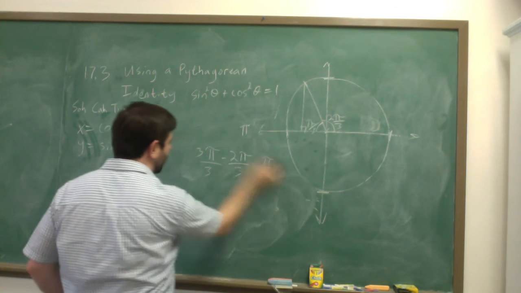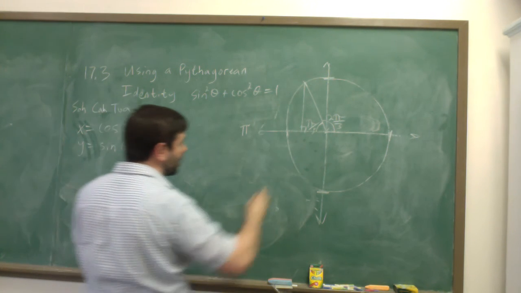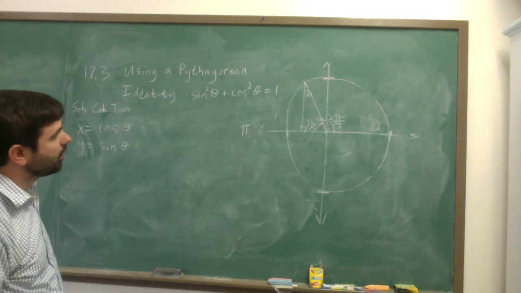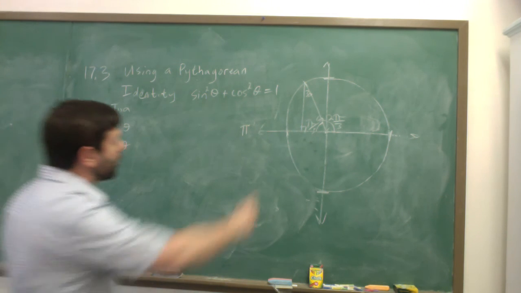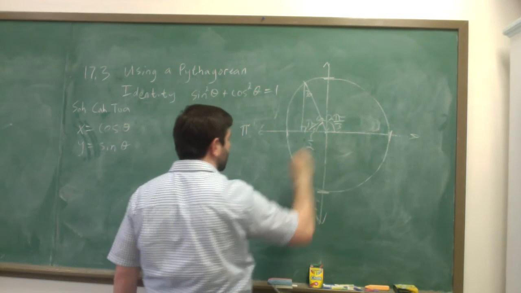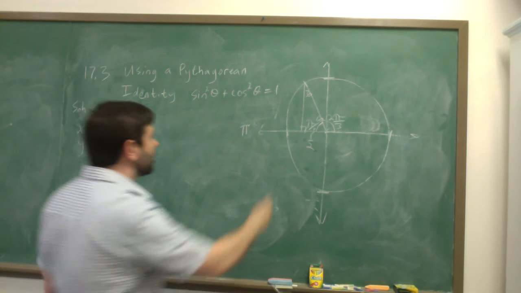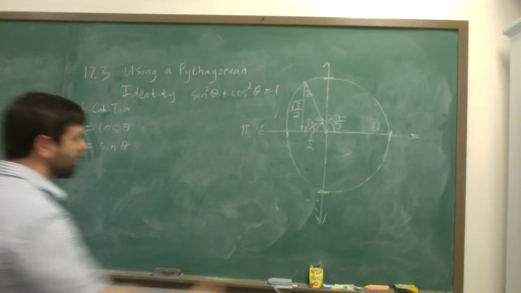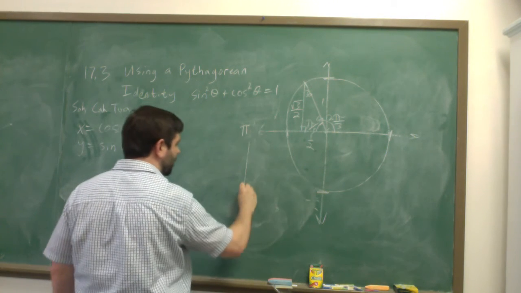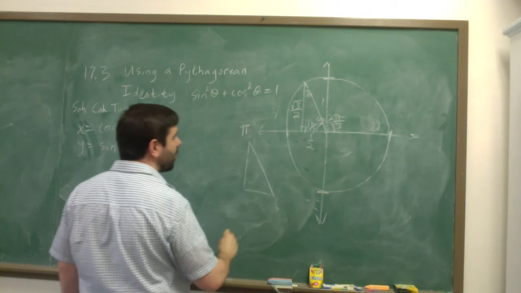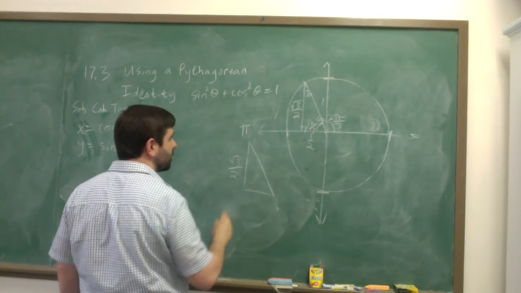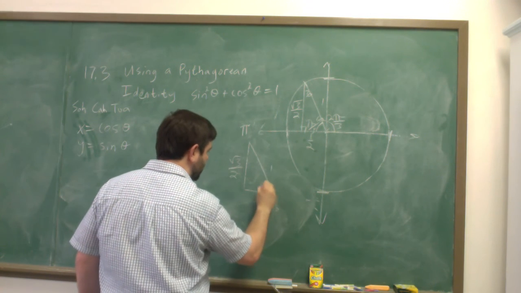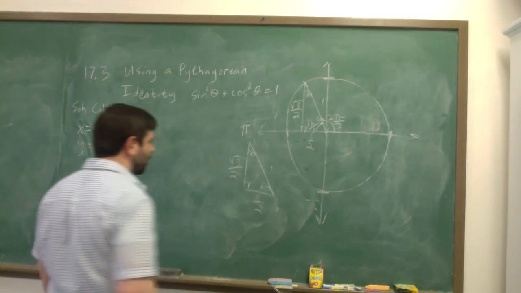If you remember from the notes we took last time, this is a 30, 60, 90 triangle. Across from the 30 side is 1/2. And across from the 60 side is √3 over 2. And this side is 1. Let me just redraw this here. It's getting a little messy. This is √3 over 2. This is 1, and this is 1/2. 60, 30, and 90.